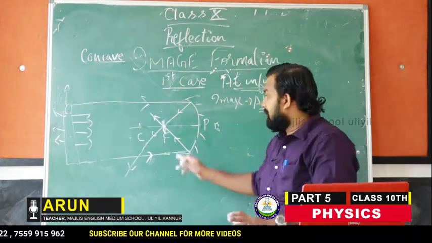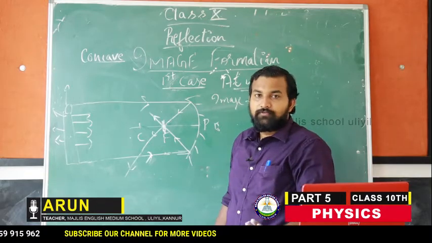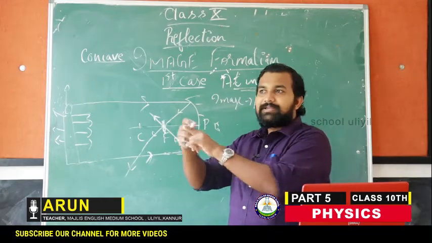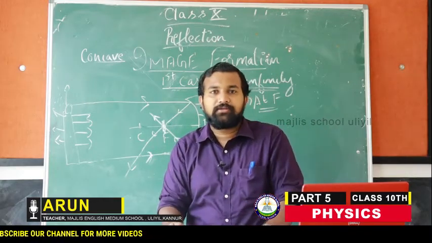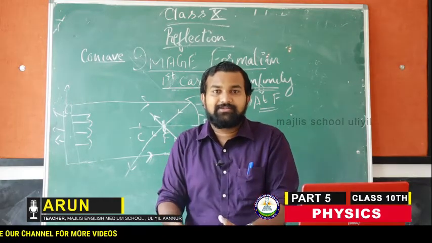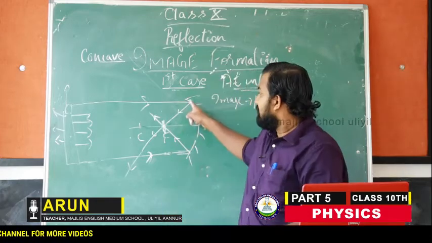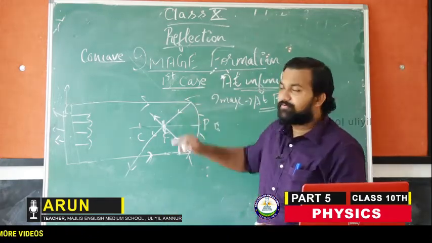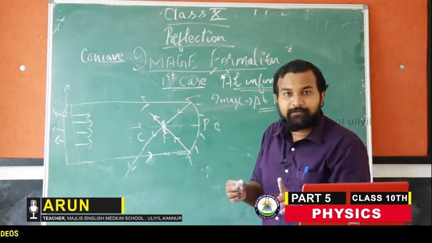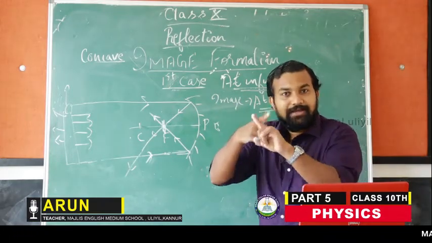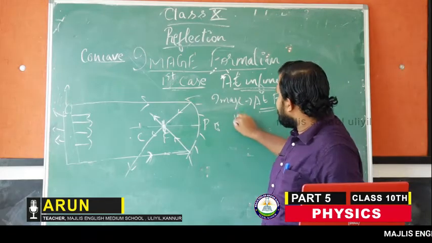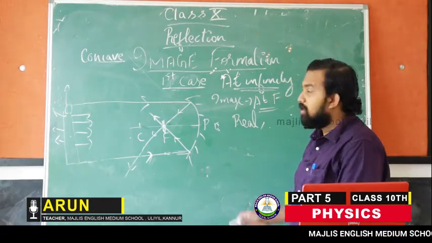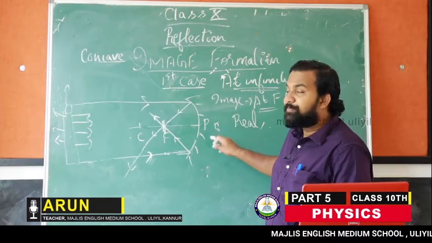Okay, and how do we get this image? It will be intersecting at this point. We can't see the intersection itself. Both the reflected rays are really meeting, intersecting. So, a real image is formed over here, and I have told you it will be inverted.